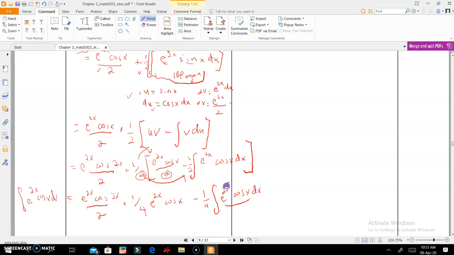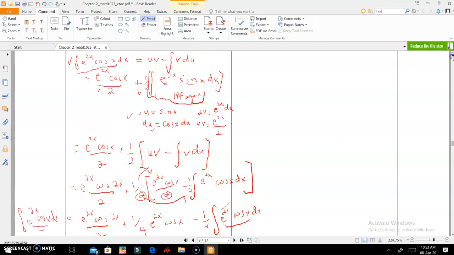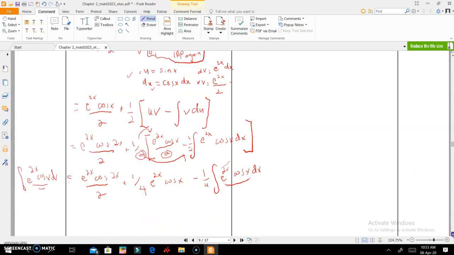So if you try to deal with the integration by parts for this part, exponent 2x, you are going to repeat all the same thing again and again. Okay, all the calculation will be repeated.